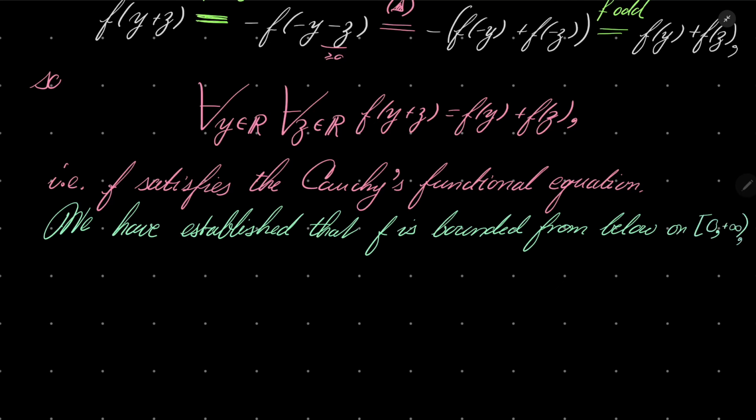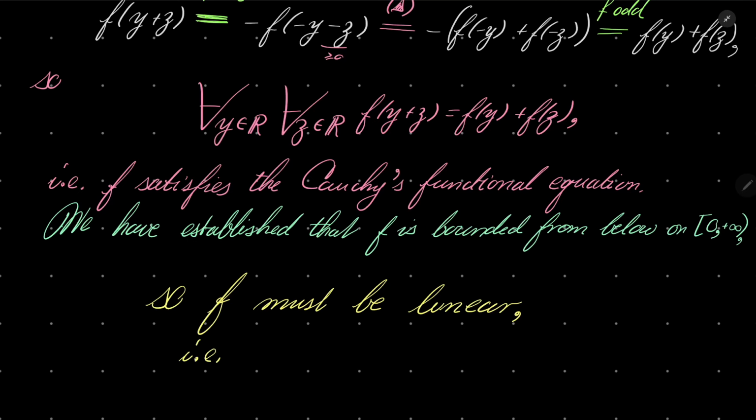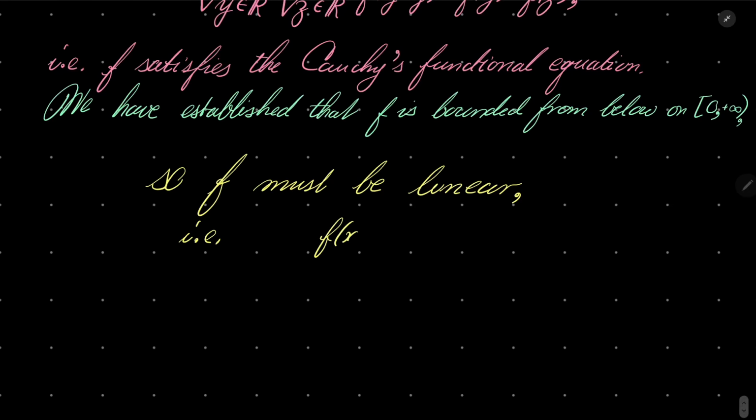So it's a very important moment. So f must be linear, i.e. f of x equals a times x for some real number a. And now we need to find the value of a.